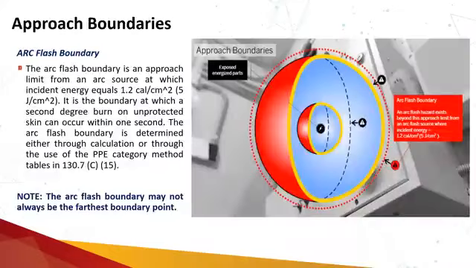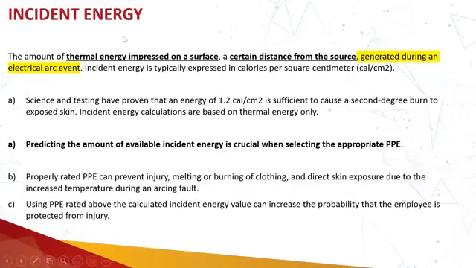So how is this incident energy determined? There are two methods given in the standard. One is the PPE category method, and the other one is the arc flash incident energy method. Those methods are used to calculate the incident energy. So what is incident energy?